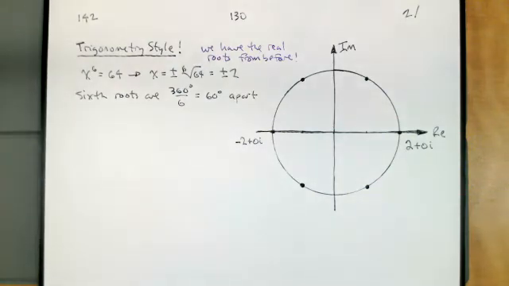The sixth roots will be 60 degrees apart. So I'm going to draw a circle of radius 2, and my complex zeros will be 60 degrees apart.